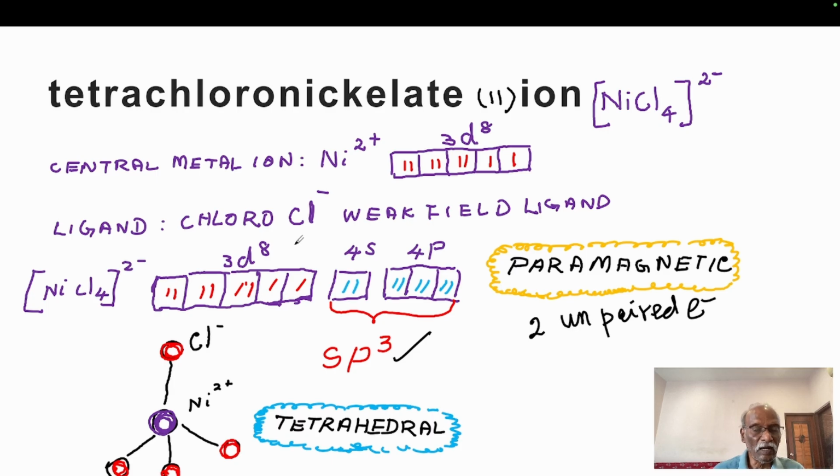A weak ligand Cl minus, without disturbing the 3d orbital, occupies one 4s orbital and 3 4p orbitals. Altogether sp3 hybridization takes place. As a result, tetrahedral shape is obtained, and the compound with 2 unpaired electrons is paramagnetic. That's all about this.